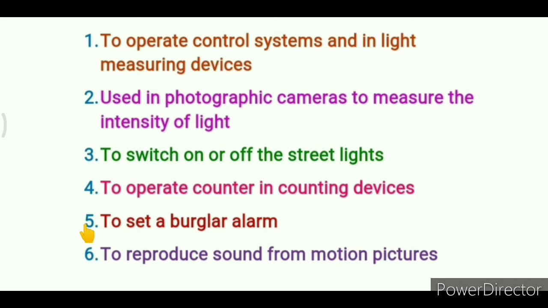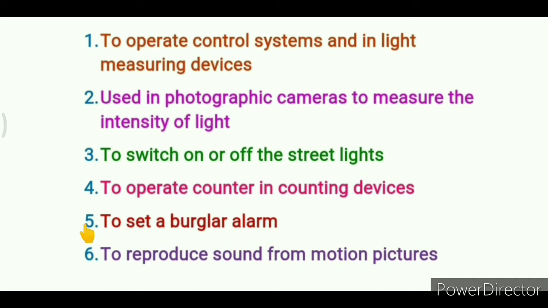The device consists of a photocell and an infrared source of light. The very important thing is that the radiation must fall on the photoelectric cell. Over here we are considering infrared rays for the burglar alarm.